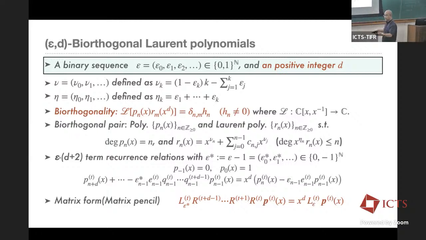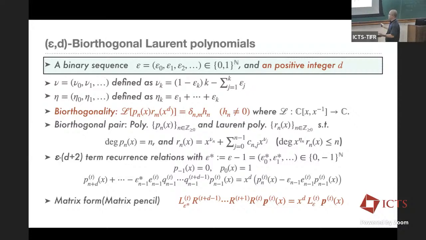So here we also introduce a similar extension of biorthogonality, with x to the d. Starting from this biorthogonality relation, we will obtain a d plus 2 term recurrence relation.